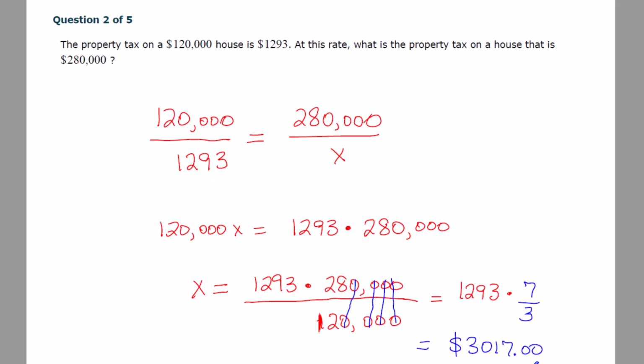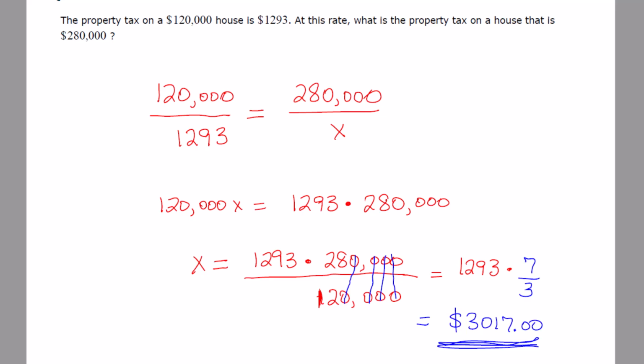Question 2, we continue the ratio. I have the property tax on one house is 1,293. I've got another house that's 280,000, and I want to know what is its property tax because they are in the same ratio.